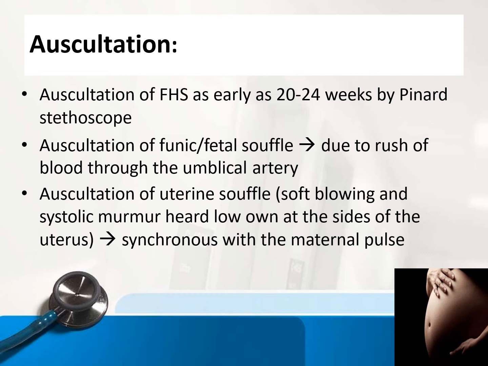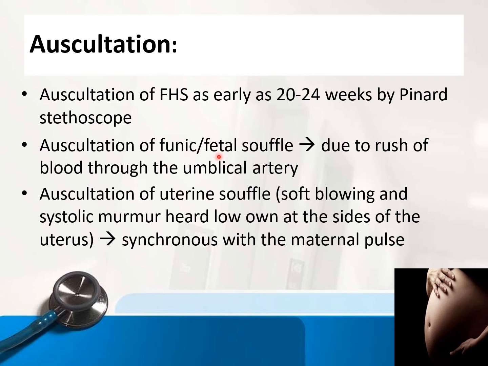Next is auscultation. In the auscultation, the fetal heart sound you can hear from 20 to 24th week by using the normal fetoscope or by using the normal stethoscope. And when the blood is passing through the umbilical artery, it will produce a sound that is known as funic souffle.